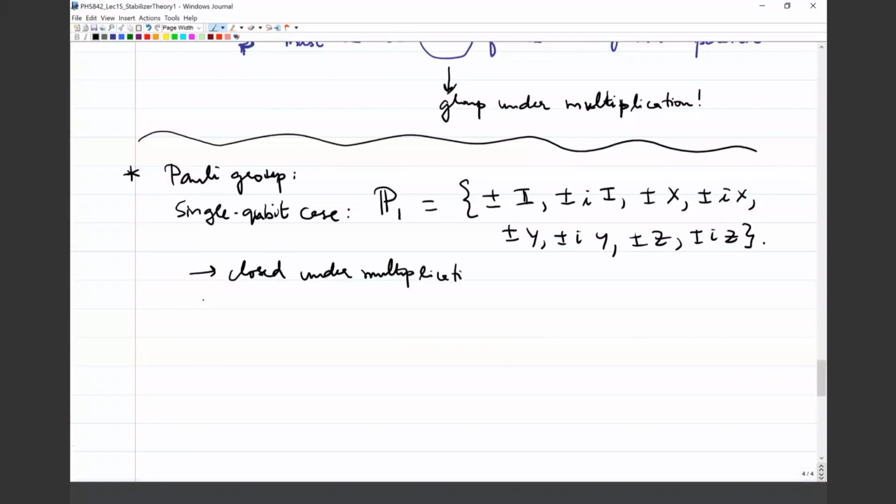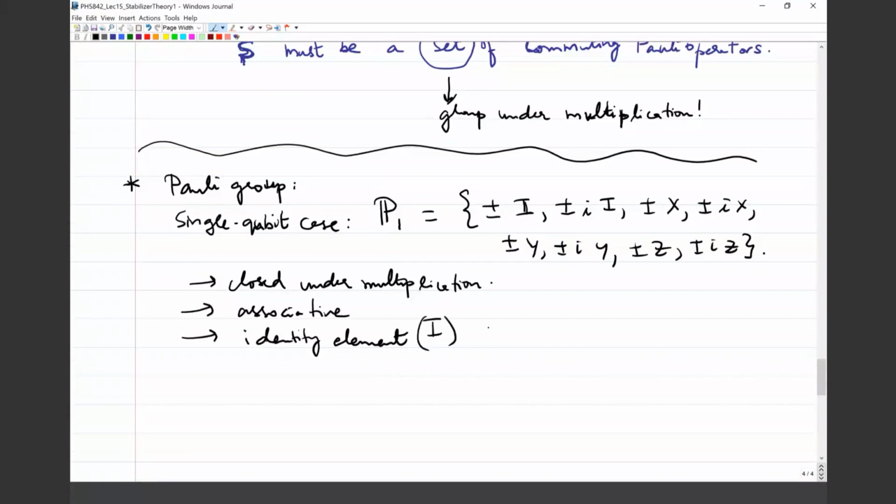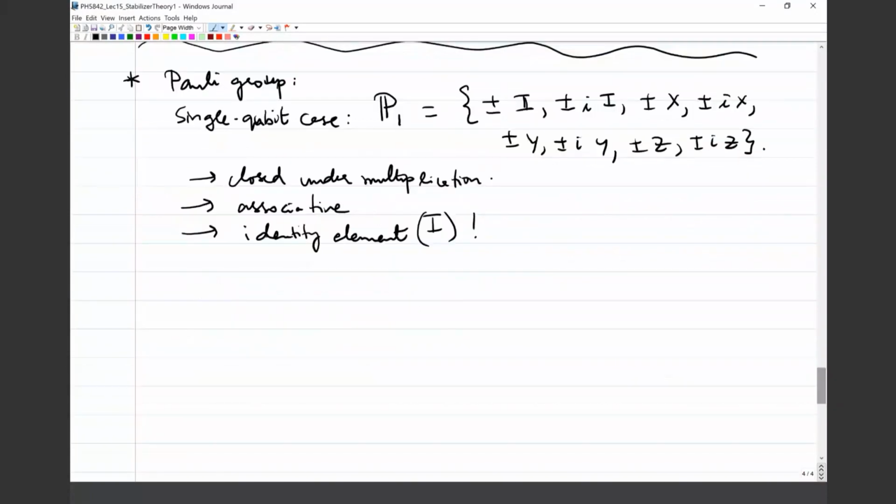So this is the single qubit Pauli group, and it is a group because it is closed under multiplication. It is associative. It has an identity element, which is nothing but your I itself, right? And every element has an inverse.